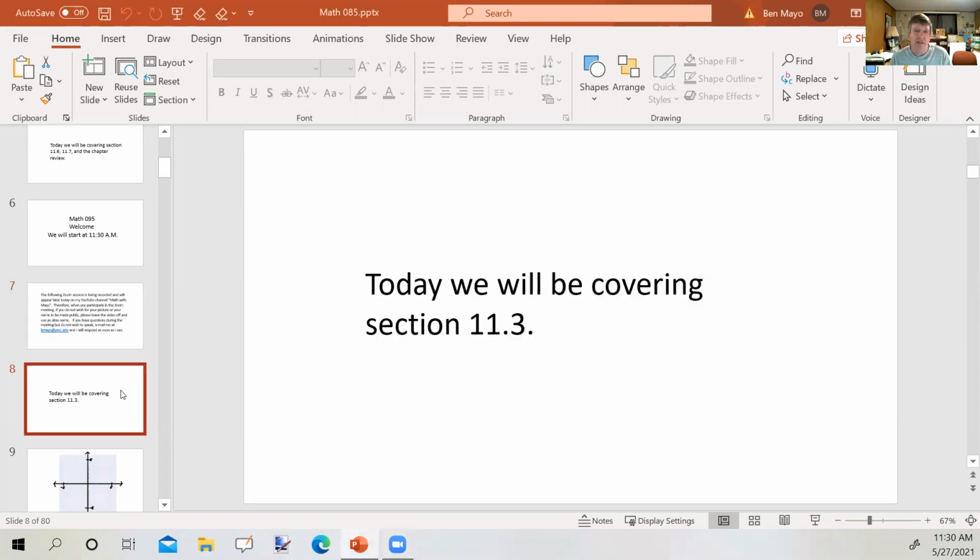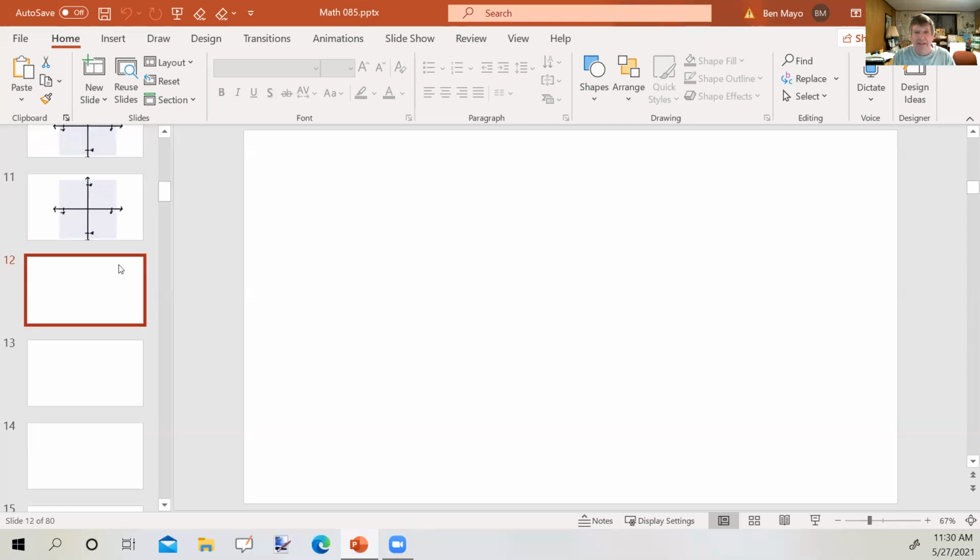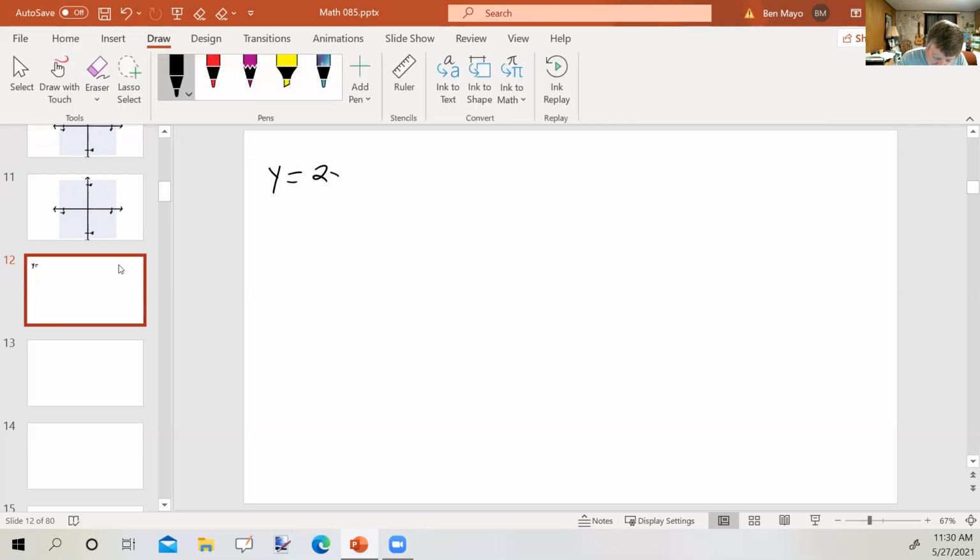All right, so today, continuing in chapter 11, we're going to take a look at section 11.3, which has to do with something called exponential functions. We have looked at linear functions or linear equations, such as y equals 2x, where the graph is a straight line.